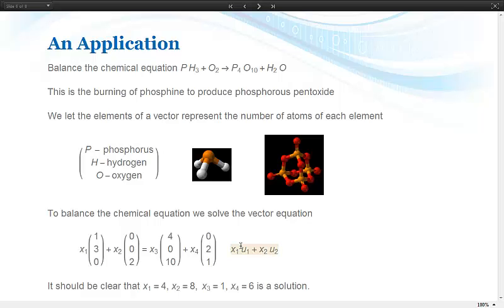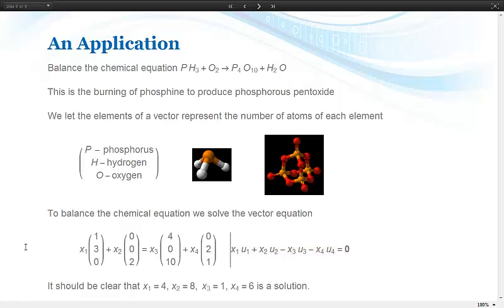Now notice I want to put these all on one side, so it's going to be minus x3 times the third vector u3, and then minus x4 times my fourth vector u4, and those will have to add up to the 0 vector. That'll be my b vector, in this case, the constant vector.